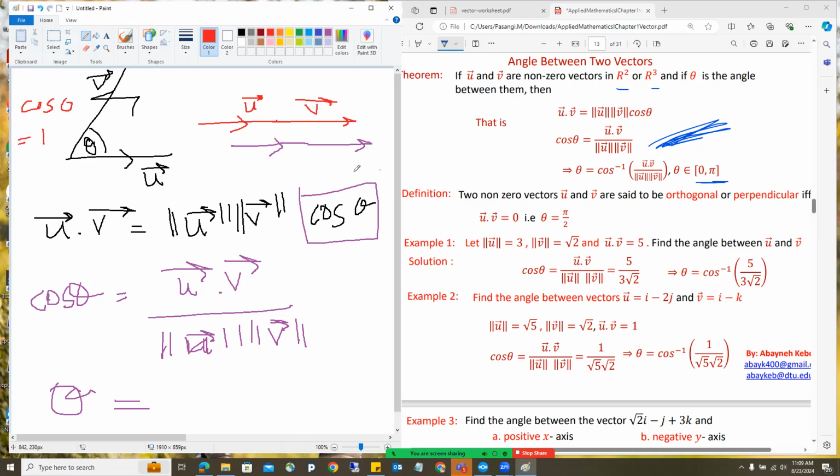Then this part equals 1, which means if the angle theta is 0, then u dot v is equal to modulus u times modulus v. Is it clear?